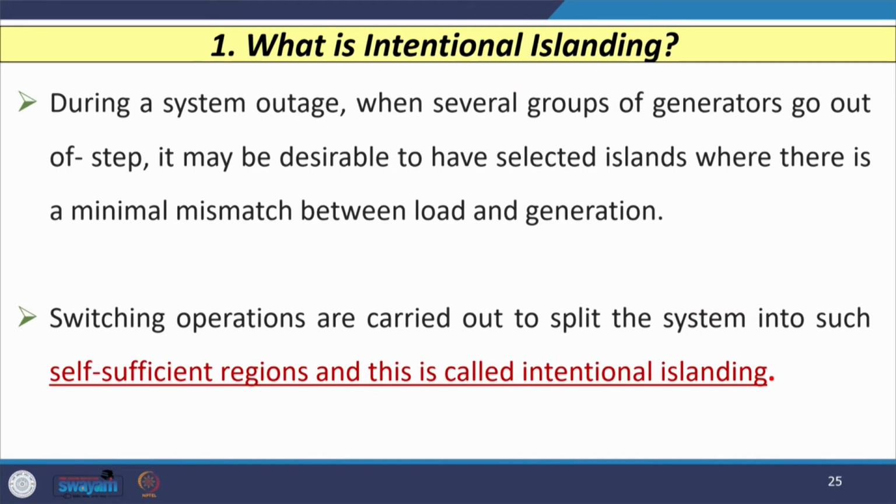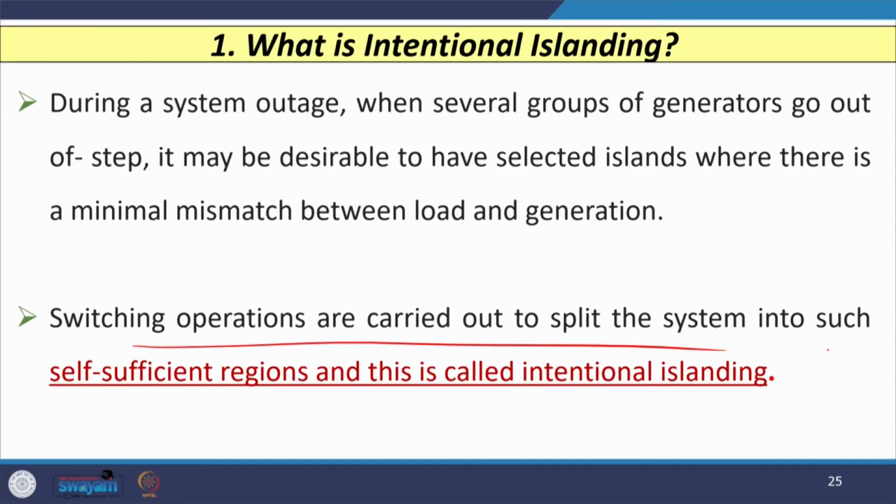During a system outage, when several groups of generators go out of step, it may be desirable to have selected islands where there is a minimal mismatch between load and generator. So, switching operations are carried out to split the system into several such self-sufficient regions, which we call intentional islanded regions, and this is basically done for stability improvement, so that the rest of the system can be saved.